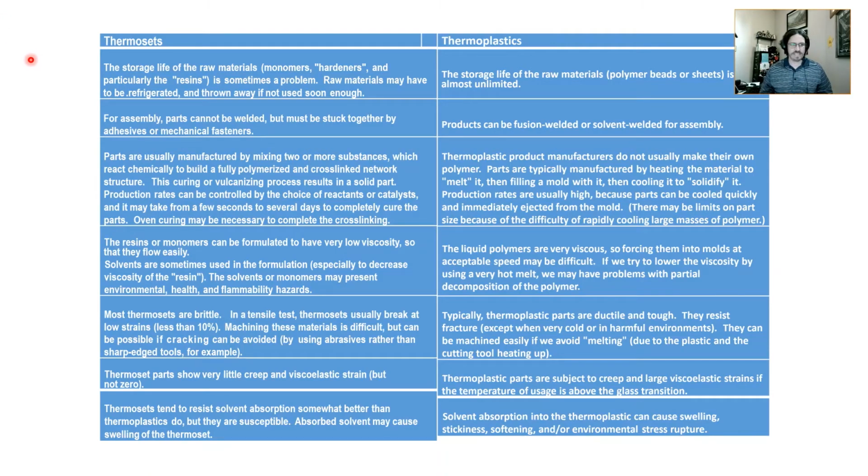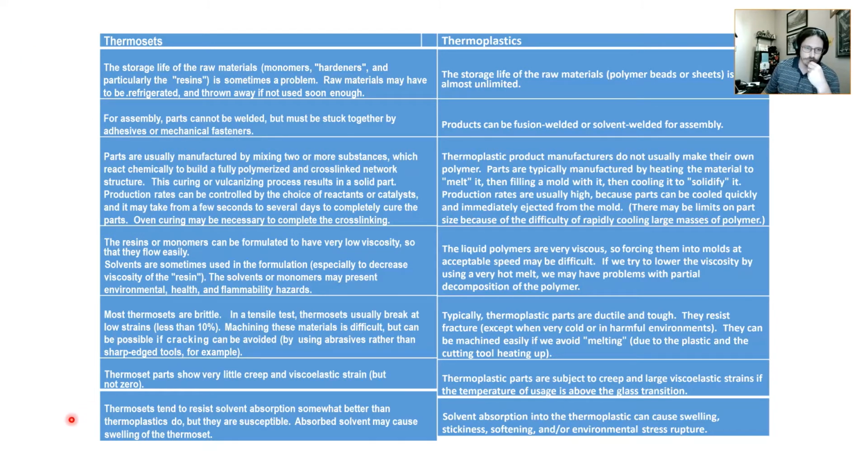I don't know if I want to read this, but you can pause it. This is actually a pretty powerful slide because it has a lot of information.